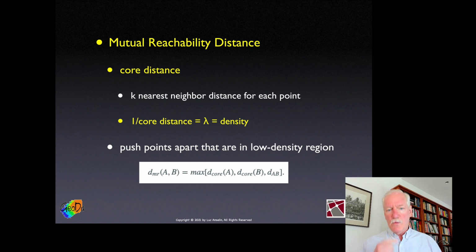And so to penalize, in a sense, low density regions in the algorithm, the actual distance between the points is replaced by a new distance concept, which is this mutual reachability distance. And the mutual reachability distance between 2 points is the maximum of the core distance, so the distance to the kth nearest neighbor of each of these points, and their actual physical distance.